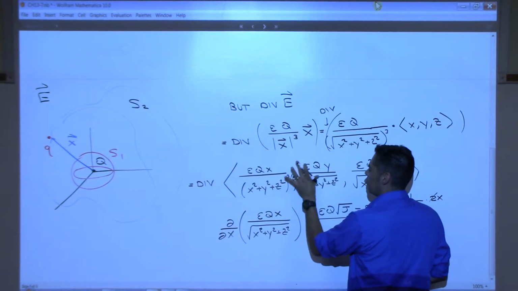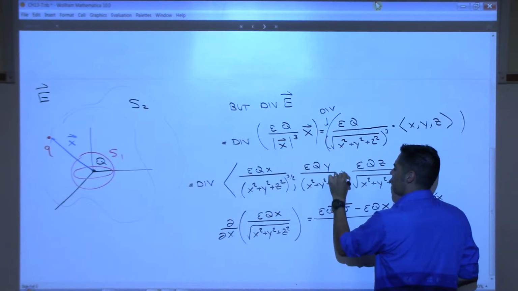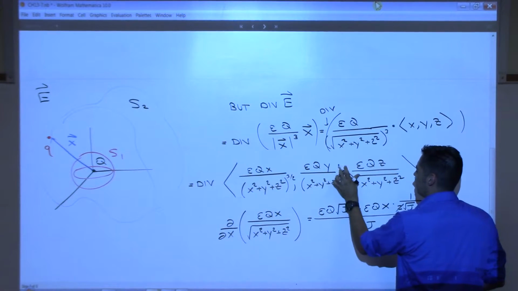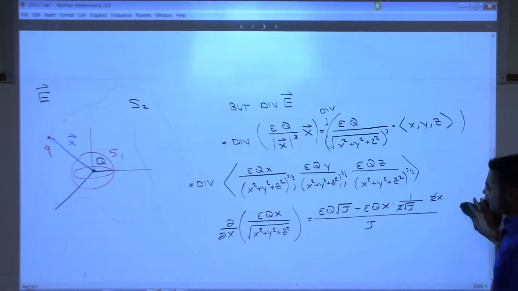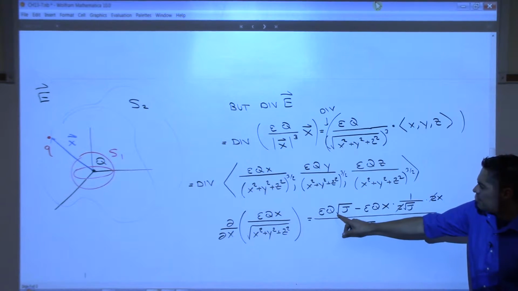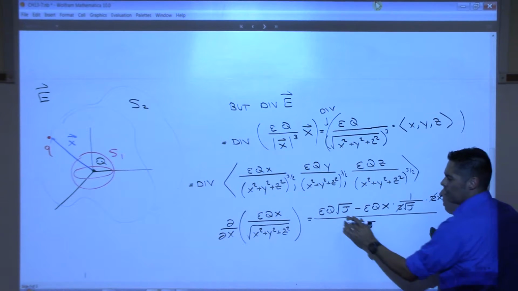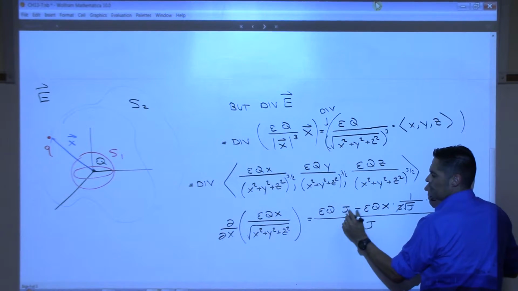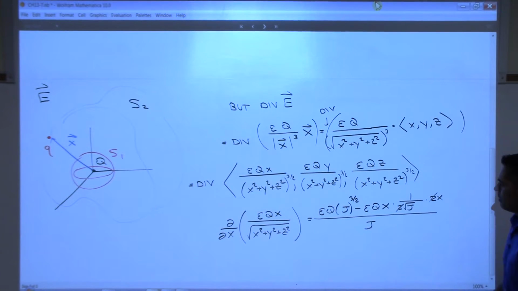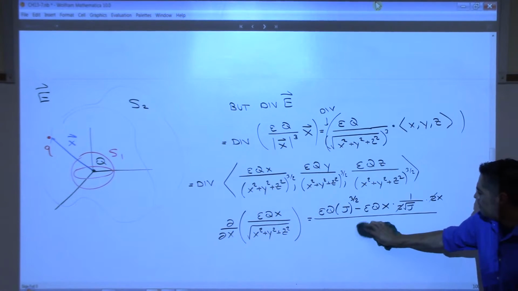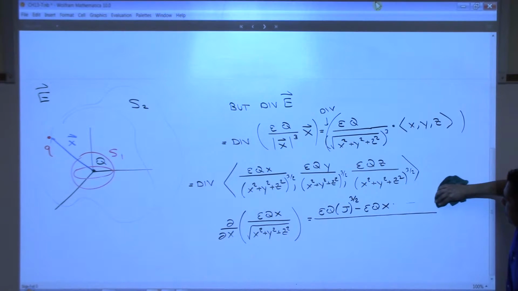Is that all right? 3 halves. That's going to change some things here, isn't it? 3 halves. We got to start this over. I think the top is the same, but it's not root junk, it's junk to the 3 halves. This is the same. Yeah, I'll get to that. Let's do this part right here.